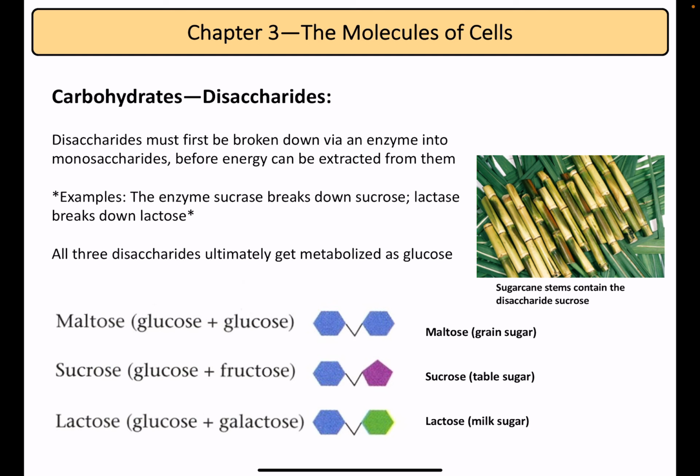It will then be sent to your liver to be processed. Depending on the metabolic needs of your body at that current point in time, many of these monosaccharides may be sent to any of the cells from your brain down to your toes that need energy. And as we learned a few moments ago, you would metabolize and break down all of these disaccharides really in the same way, because they're all going to result eventually in glucose.